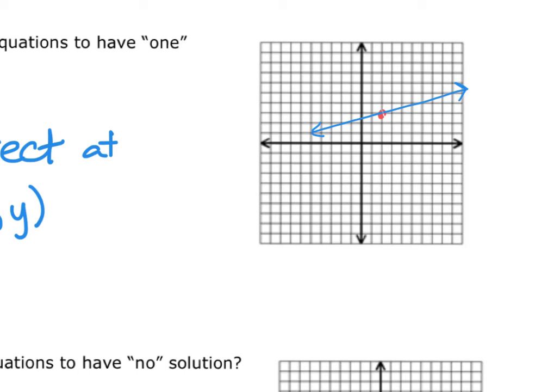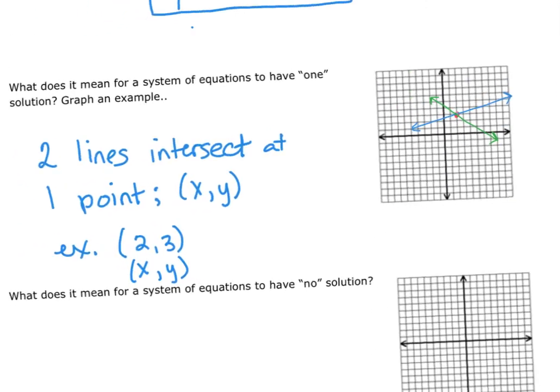The pen's acting up on me. I apologize. But it looks like, there you go, that line. So that would be an example of a system of equations having one solution: two lines that intersect at one point. You could have all kinds of different examples.